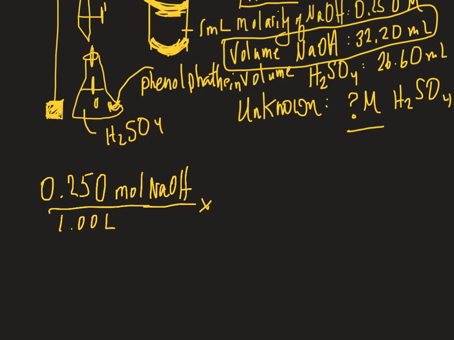What I've added is 32.20 milliliters, but that turns out to be 0.0322 liters of NaOH. That's 32.20 milliliters; I simply divided by 1,000.